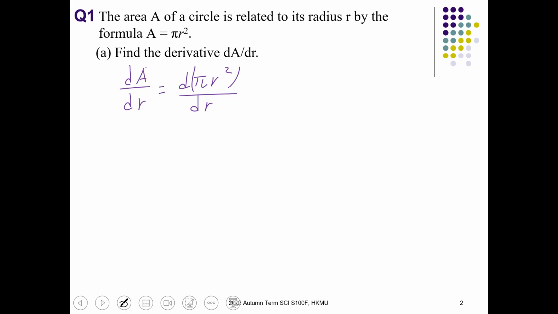What we are going to move forward is that we know the only variable will be the radius r. All the rest are just constants. So pi is a constant, so we can take it away from the derivative. And now we have r squared left behind the derivative.